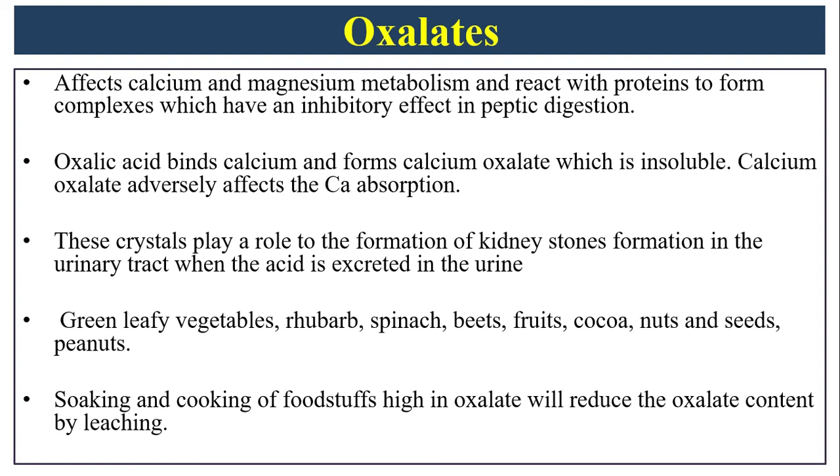These crystals play a role in the formation of kidney stones as well as gallbladder stones. It is found in green leafy vegetables, rhubarb, spinach, beets, fruits, cocoa, nuts and seeds, and also in peanuts. Soaking and cooking of foodstuffs high in oxalate will reduce the oxalate content by leaching.